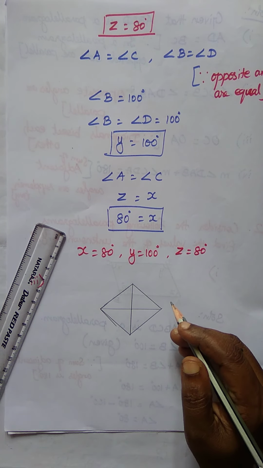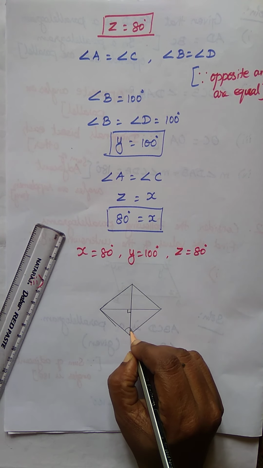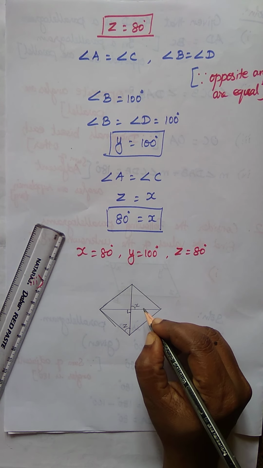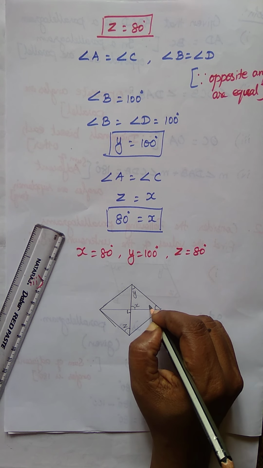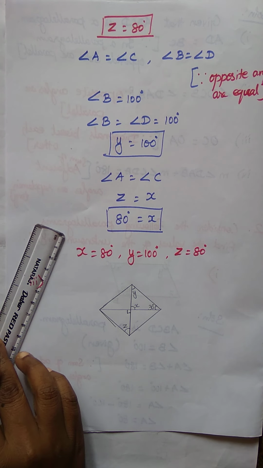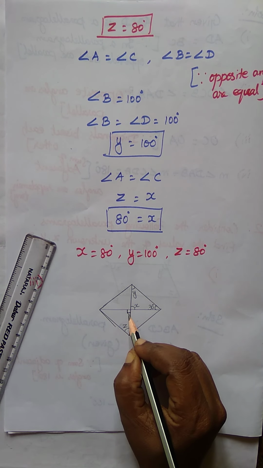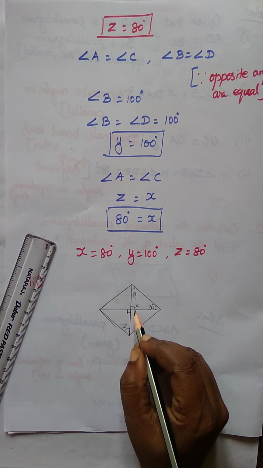In this figure, this angle represents the perpendicular. It is Z, this is X, Y, 30 degrees. We are going to find the X, Y and Z angles. It represents a 90 degree angle, so X value is also 90 degrees.